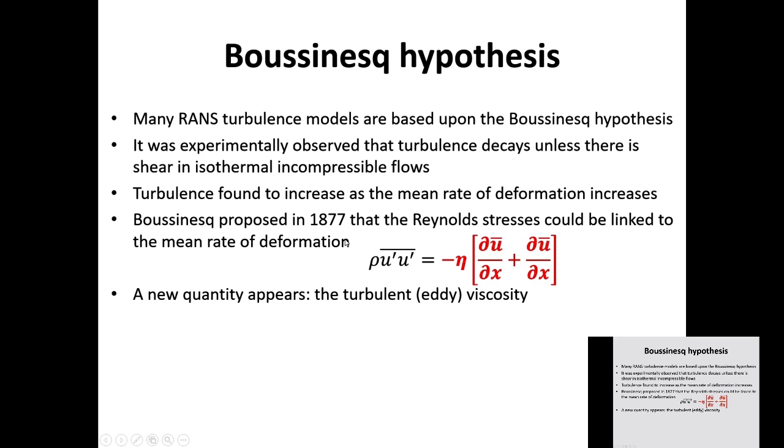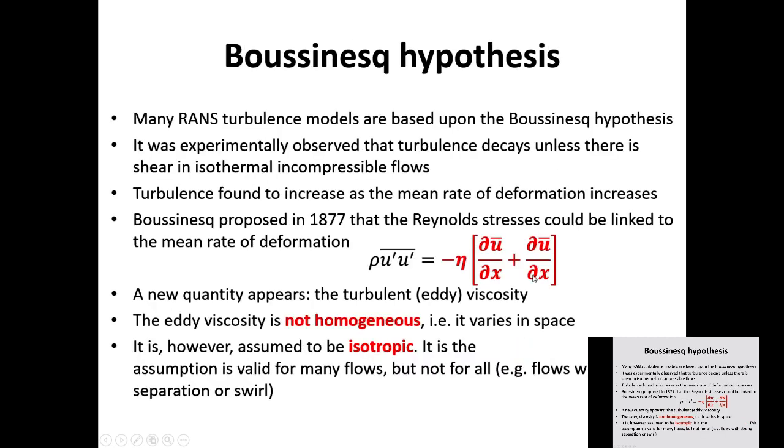The Boussinesq hypothesis means that rho u prime u prime, the average of that, is equal to minus dynamic viscosity times (d u bar, which is the average velocity, over d x, plus d u bar over d x). Sorry, no, this is d u by d x actually. So that means twice this much.